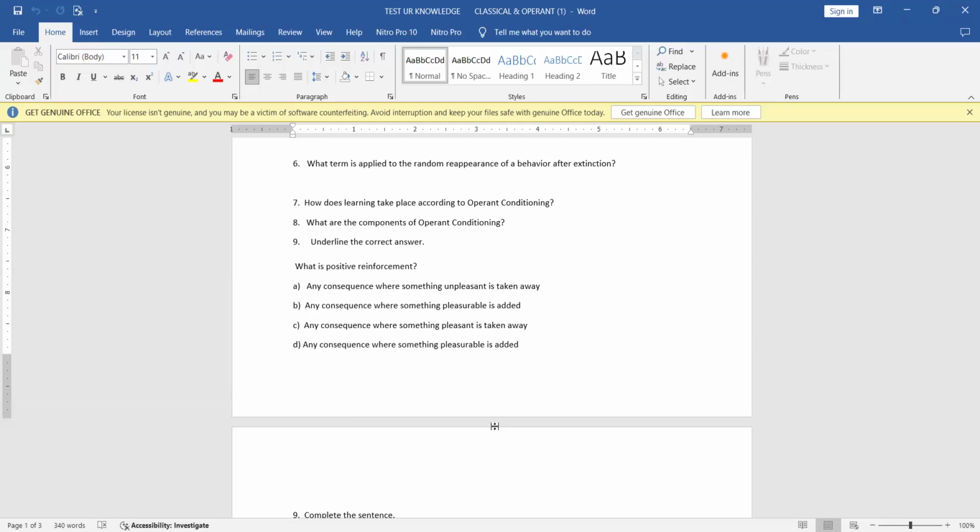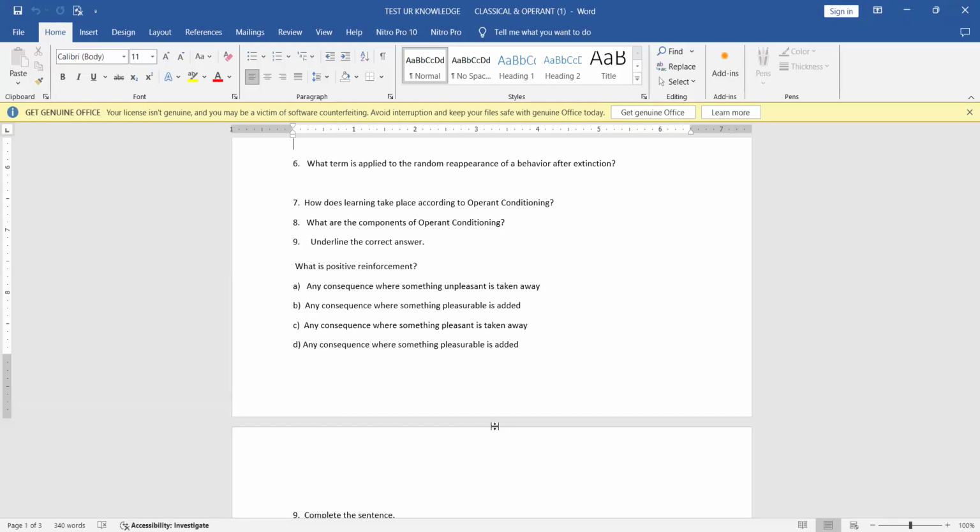What are the components of operant conditioning? Positive reinforcement, negative reinforcement, positive punishments, and negative punishments. That is one component. There's another component.